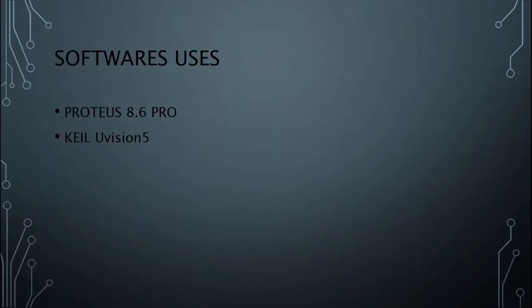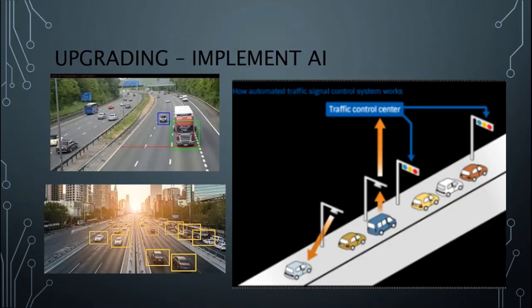Here we mainly use two software, that is Proteus 8.6 Pro and Keil new version 5. Further, we can upgrade this project by implementing artificial intelligence. From the pictures shown, we can capture or sense the number of cars using motion capture, the intensity of vehicles in particular lanes.